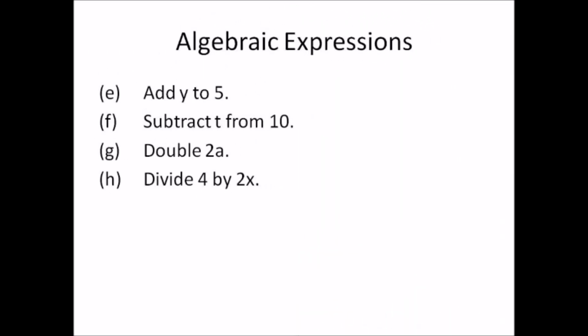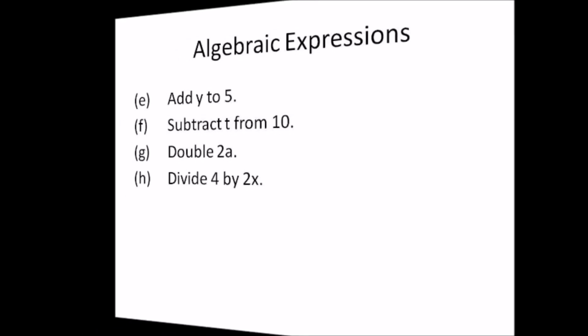Okay, here we go again. Next session. Write these expressions. Add y to 5. Next, subtract t from 10. Next, double 2a, and last, divide 4 by 2x. Got them?